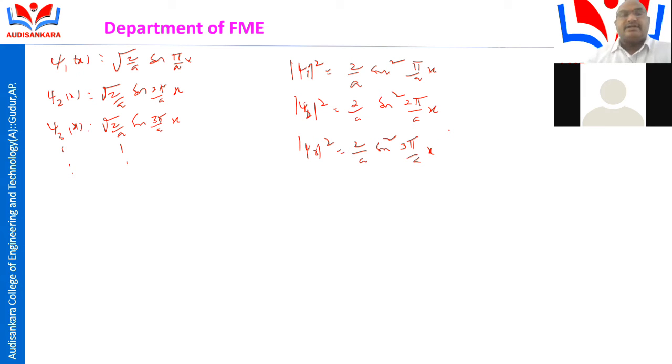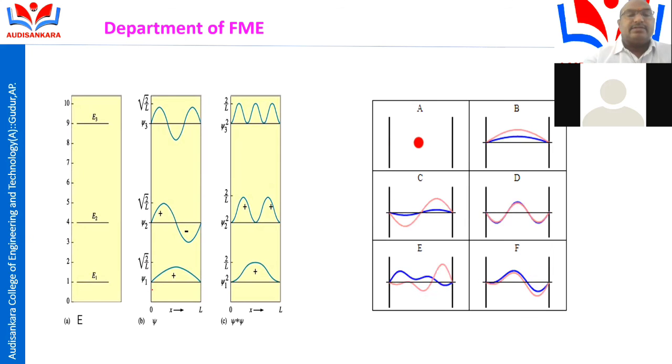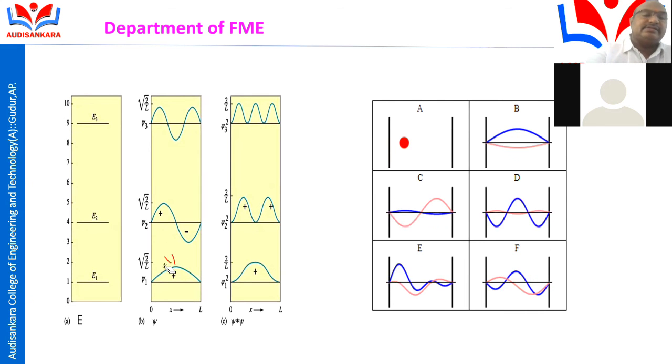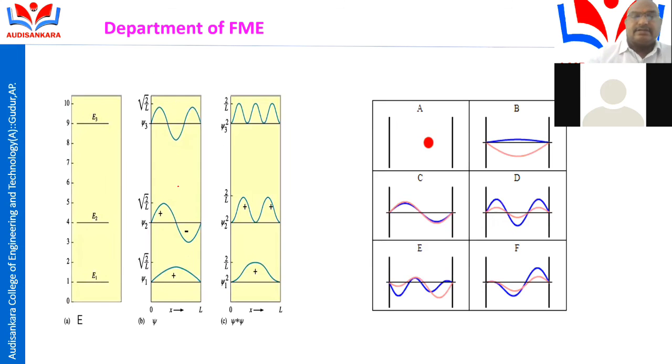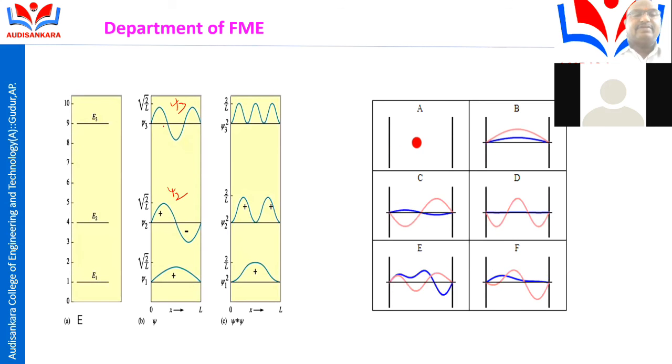And the corresponding eigen wave function values are for E1, E2, E3. So that is called the normalized. That is a probability wave function, that is called mod psi 1. No, sorry, it is called psi 1x, psi 1 value, and another one is psi 2 value, another is psi 3 value.